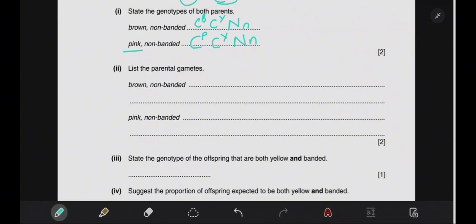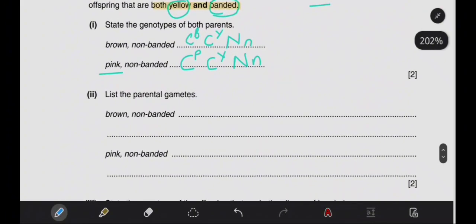List the parental gametes. Okay, so I hope you know how to make gametes. To make it easier, I'll do it in a different color. It's very easy to make gametes. What you have to do is, first of all, take this one, CB, and make the gamete with the capital N. So CB, N, that's one gamete. The next one, you can take the CB again with the small n.